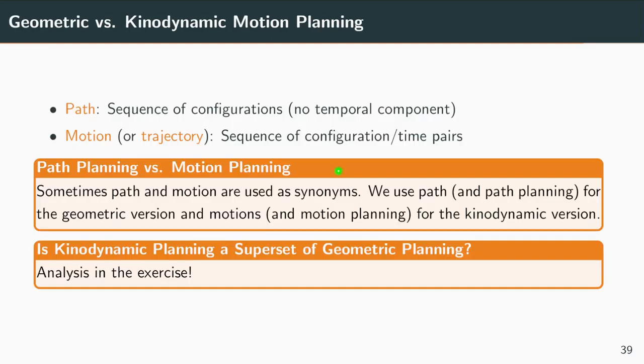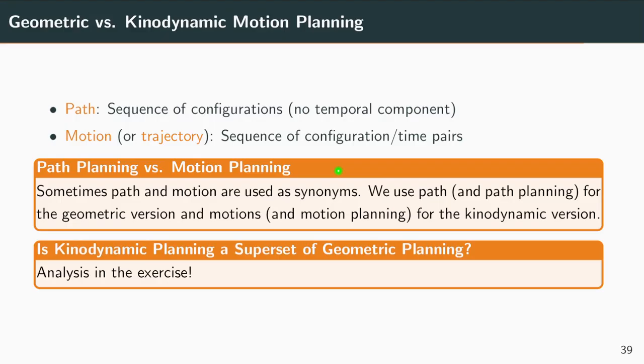Then maybe let's talk a bit more about some terms and other things. So the difference between geometric and kinodynamic motion planning also defines maybe the difference in some other terms.